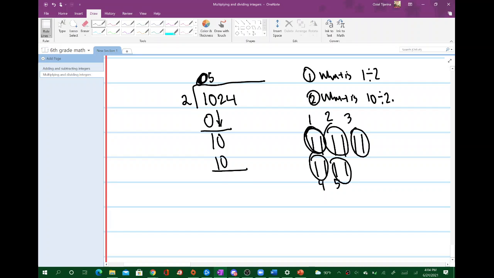So I say, okay, this is 10. And now I know that I'm subtracting, right? So this is 0. And now we bring this one down, 2. How many times does 2 go into 2? That's just going to be 1. Well, 1 times 2, that's 2. So then 2 minus 2, how much is that? That's 0.